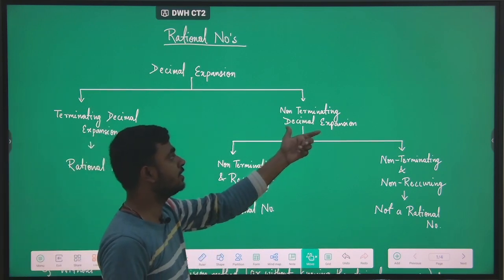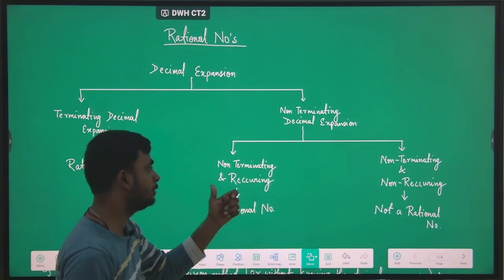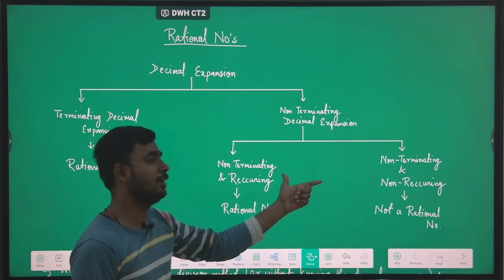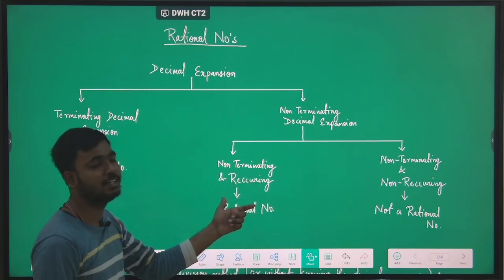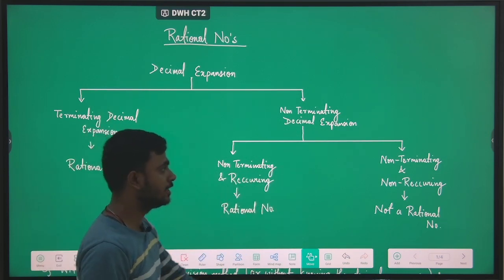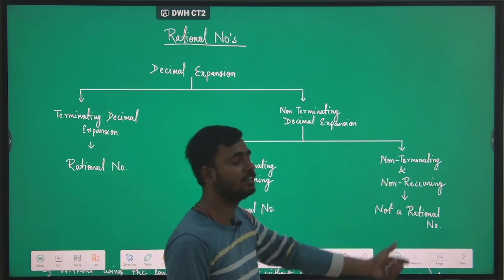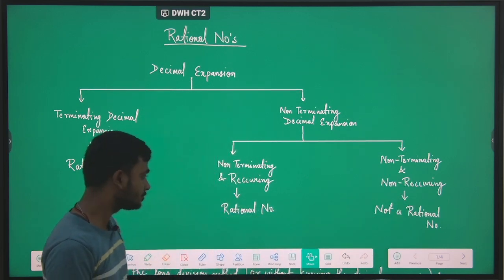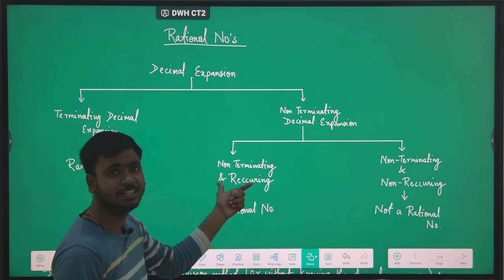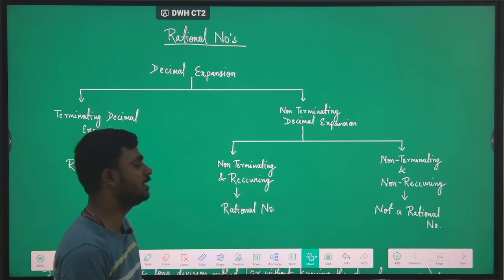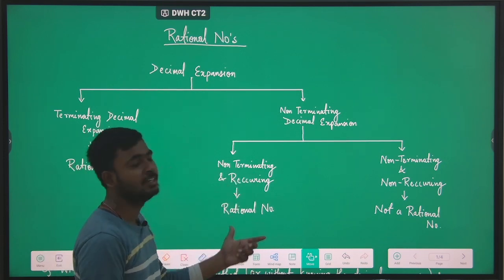Non-terminating decimal expansion is also of two types: non-terminating and recurring, and non-terminating and non-recurring. We saw how to convert non-terminating and recurring decimal expansion into a rational number.